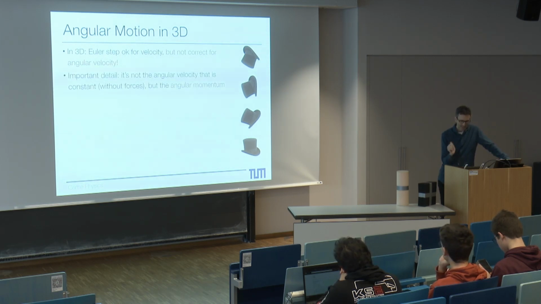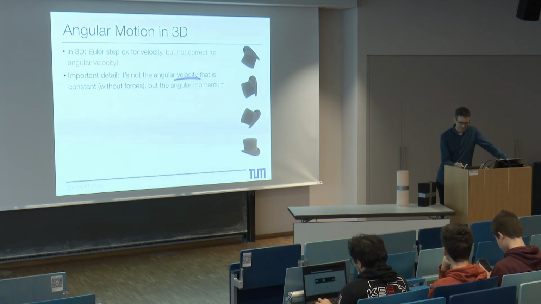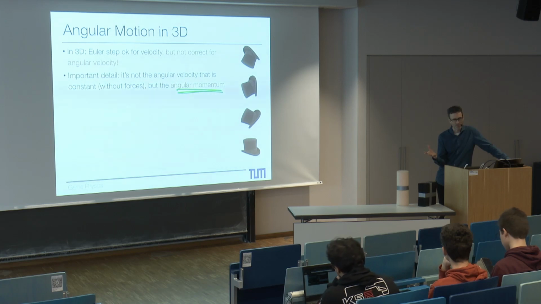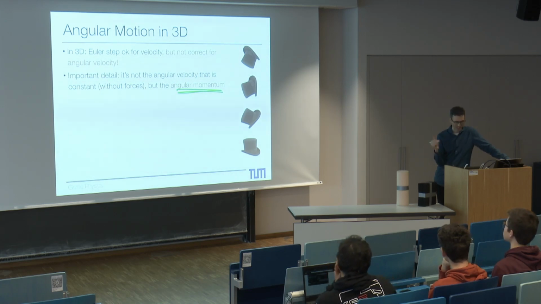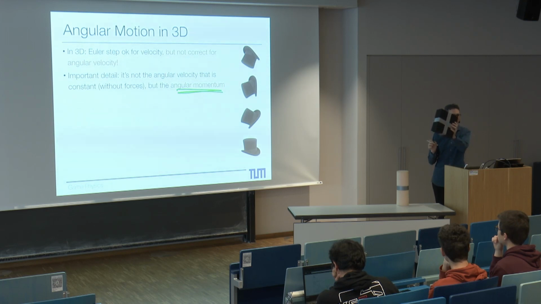The reason is that the quantity that stays constant without external influences turns out not to be the velocity, but the angular momentum. Or in general, the momentum is what stays conserved. The linear velocity actually doesn't change if you have no forces. If we were in space and I would shoot off this object, it would just keep flying in a straight line.